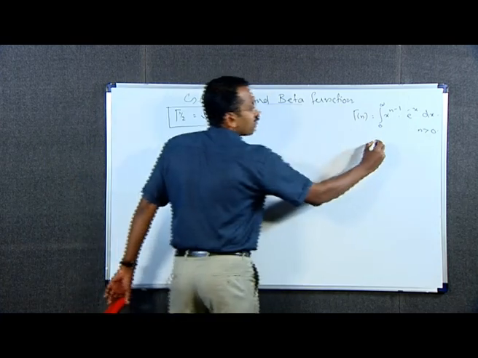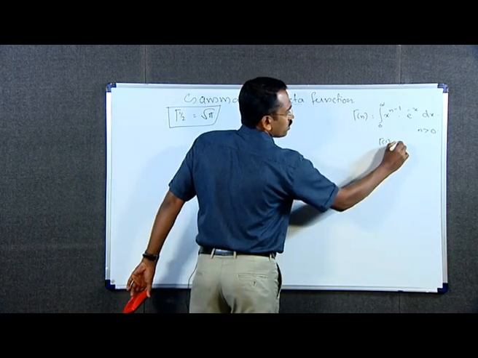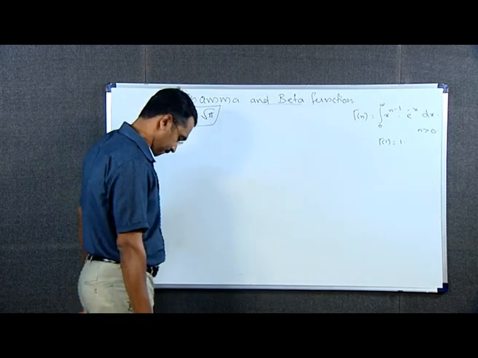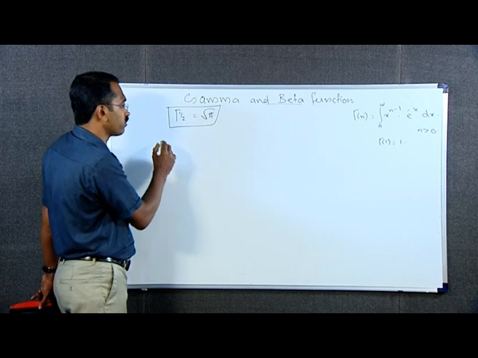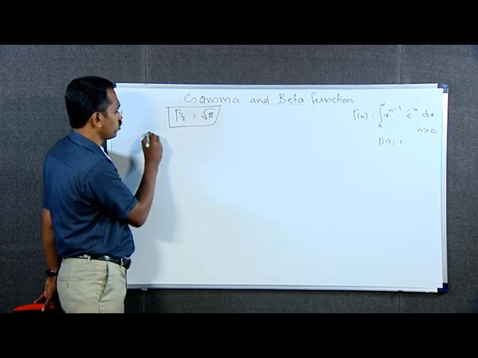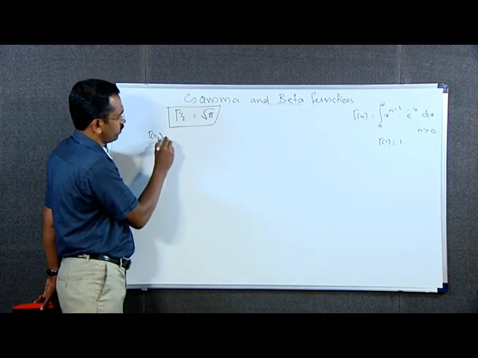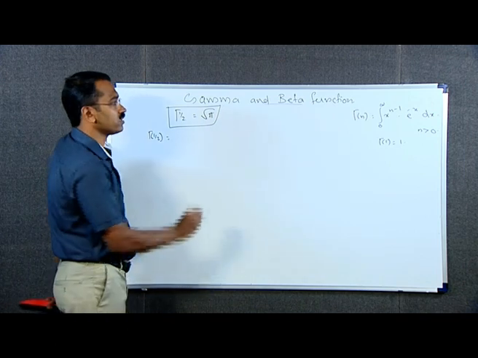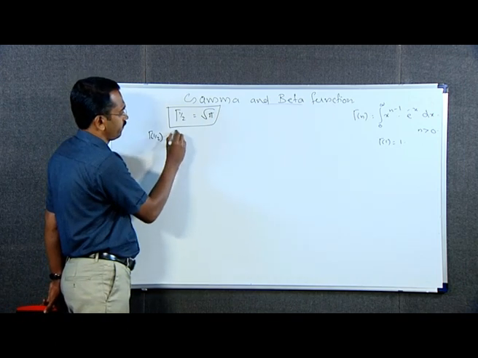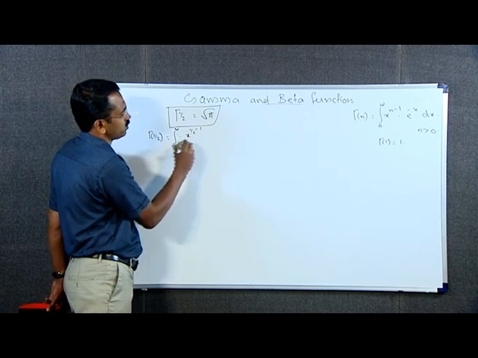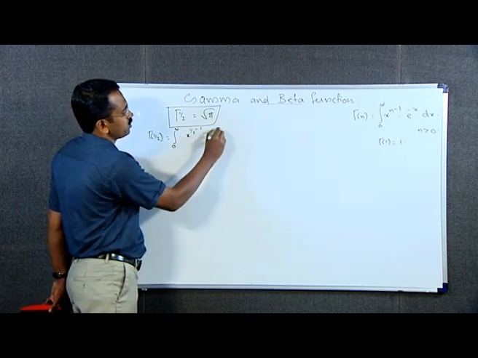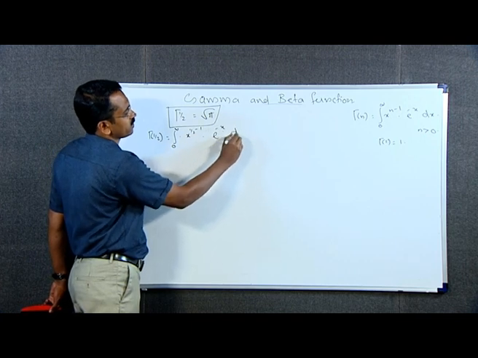Also note that gamma 1 is equal to 1. By definition, gamma 1 by 2 is equal to integral 0 to infinity x raised to 1 by 2 minus 1 into e raised to minus x dx.